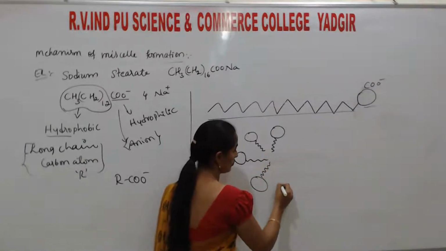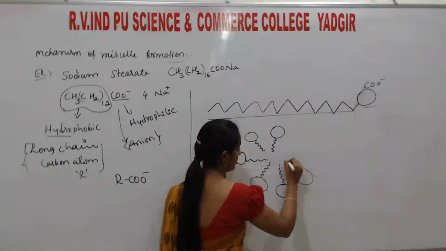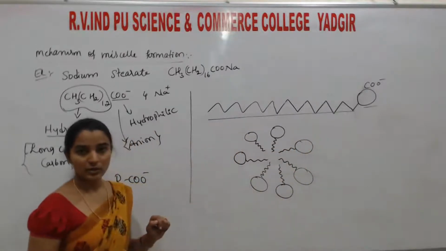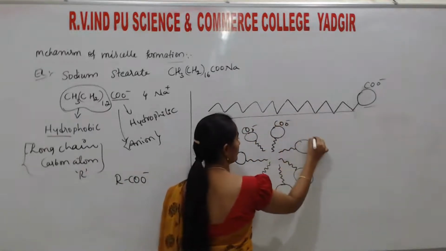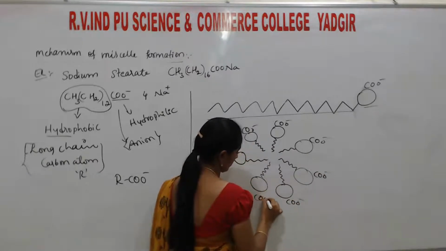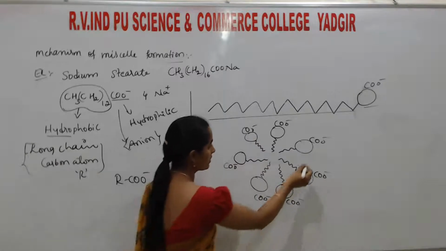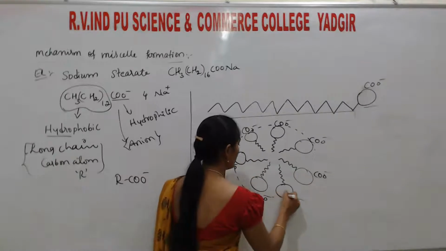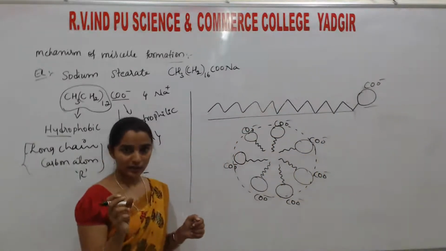This is the R group. Are you getting? This is the R group. This is our COO minus group. So what is this in shape? Spherical in shape. This is the micelle formation.